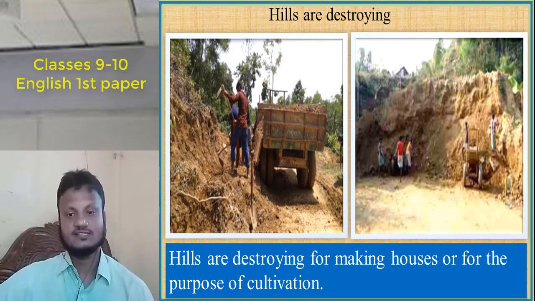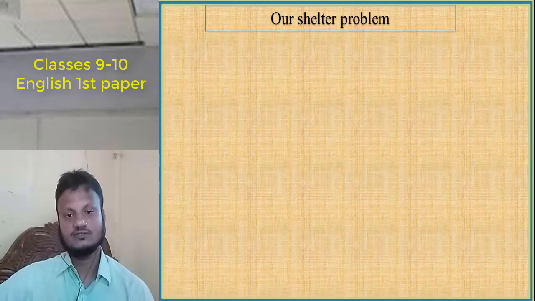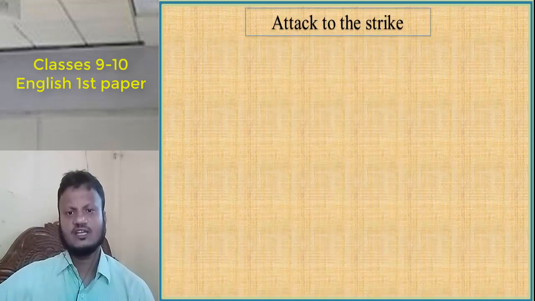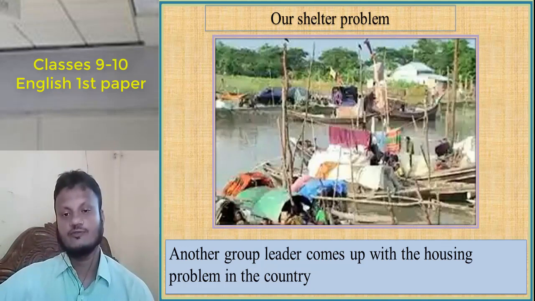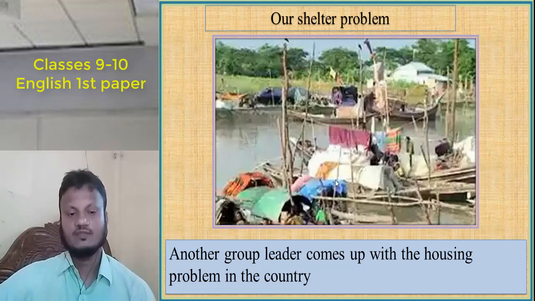Okay, dear learners, now I am going to discuss the shelter problem. I have already discussed our food problem. Now the shelter problem. Here it is a scenery of our country, and the people are living and sleeping there.